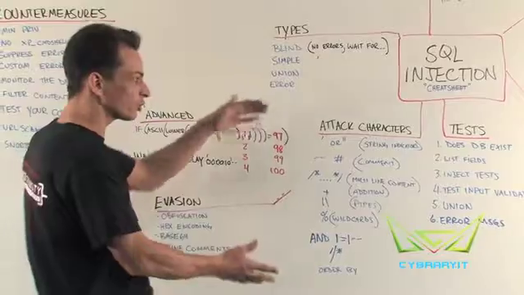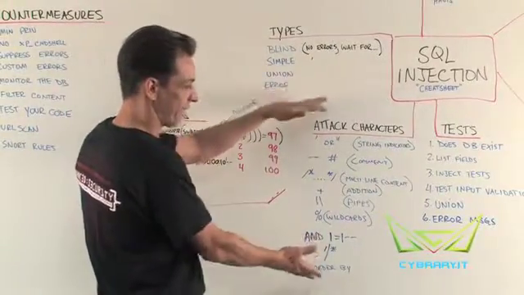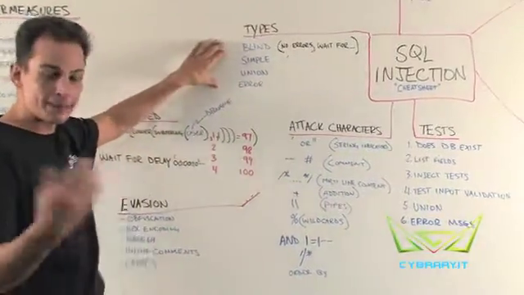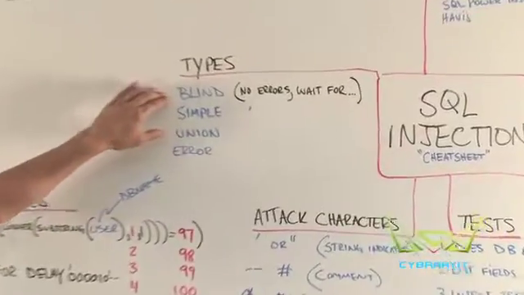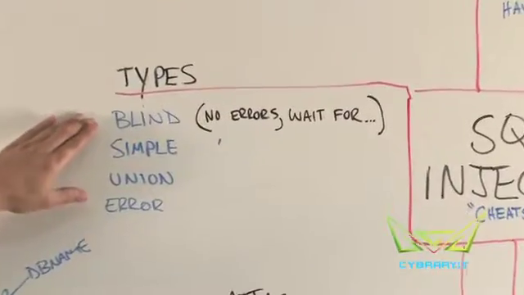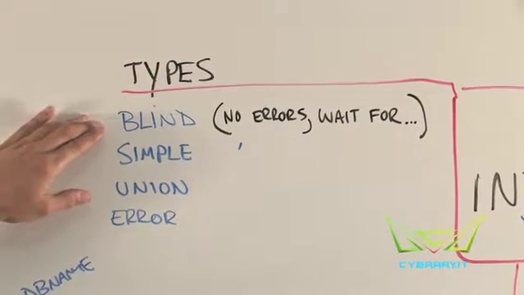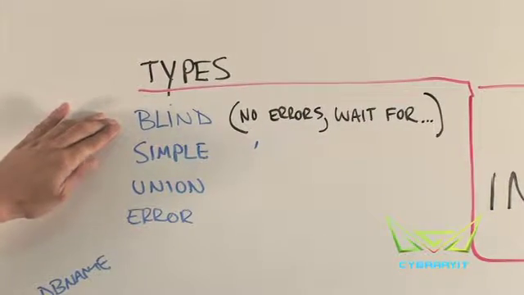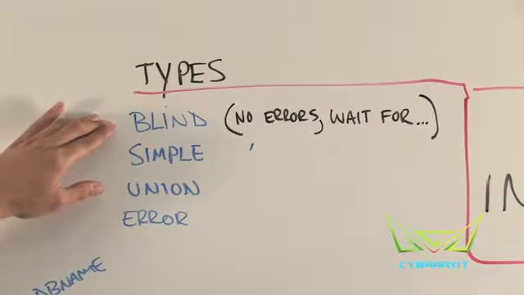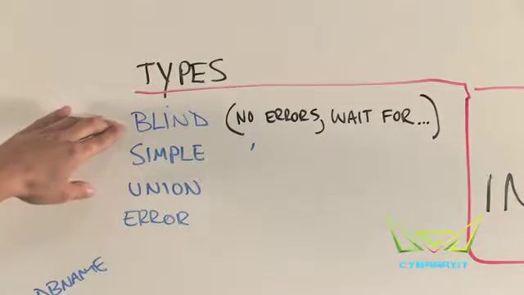But while those are some of the basic attack characteristics, let's talk about the basic types. You have blind SQL injection. This is where you're trying to poke and prod the database, but you are not getting any information back. So you really don't know if it's erroring out or not, because the error messages are not coming back to you, the penetration tester.